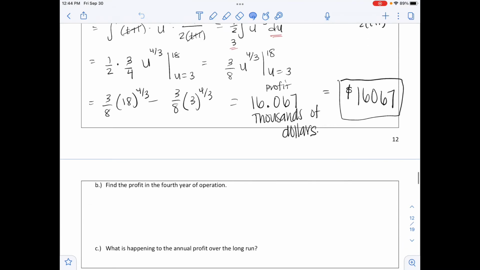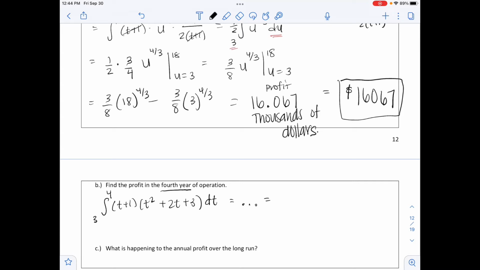In part B, it says find the profit in the fourth year of operation. So since we're dealing with the fourth year of operation, that's going to be the integral of our function, which again is t plus 1 times t squared plus 2t plus 3 dt. But since it's only the fourth year of operation, that would start at 3 and go to 4. And so we know we already did the work. So I'll put some dots here.